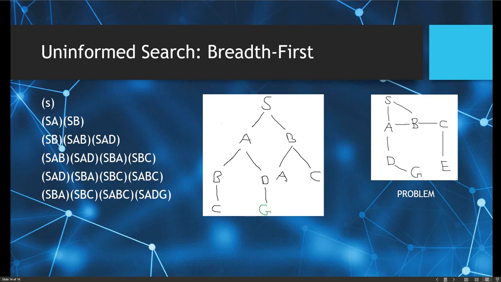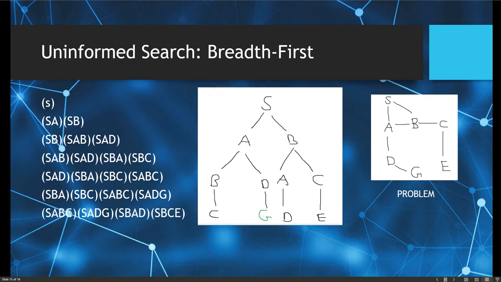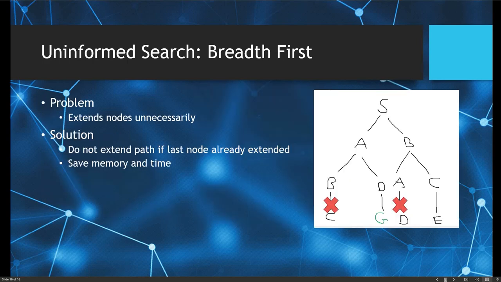But continuing just like that, expanding A again, we get D, and expanding C, we get E. These are the end states, but you see the only two states of solution that we wanted were either G, actually preferably G because that's the first solution we got, and E as well.